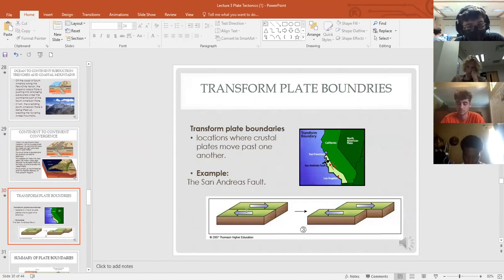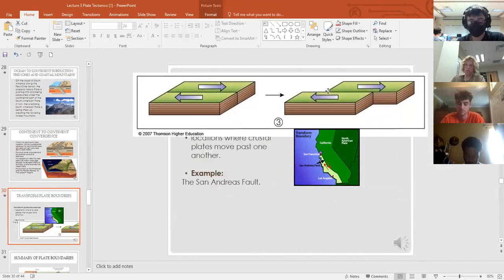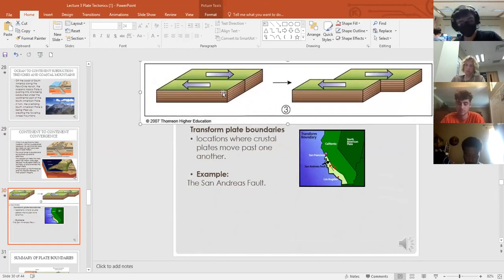Now your transform boundaries are when they slide by each other. The most famous transform boundary is the San Andreas Fault in California. This I want to show you here is what we call a right lateral fault, because if you stand here, the plate's moving to the right. If you stand here, the plate's moving to the right.